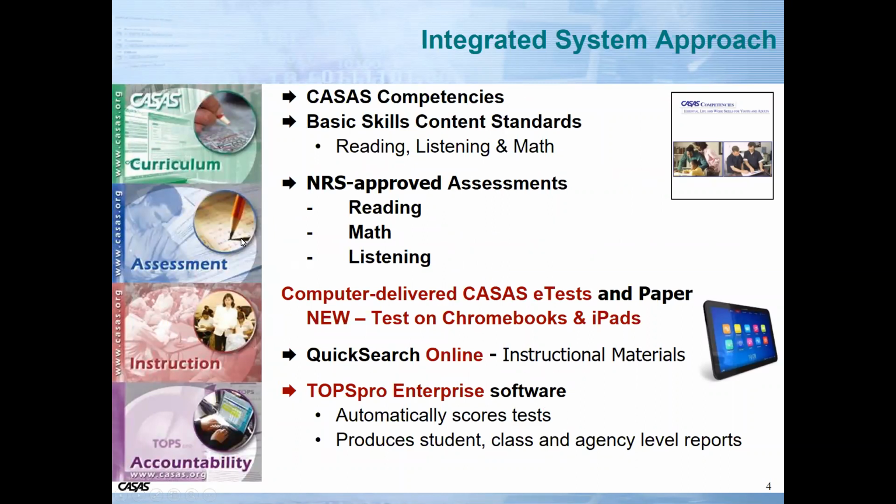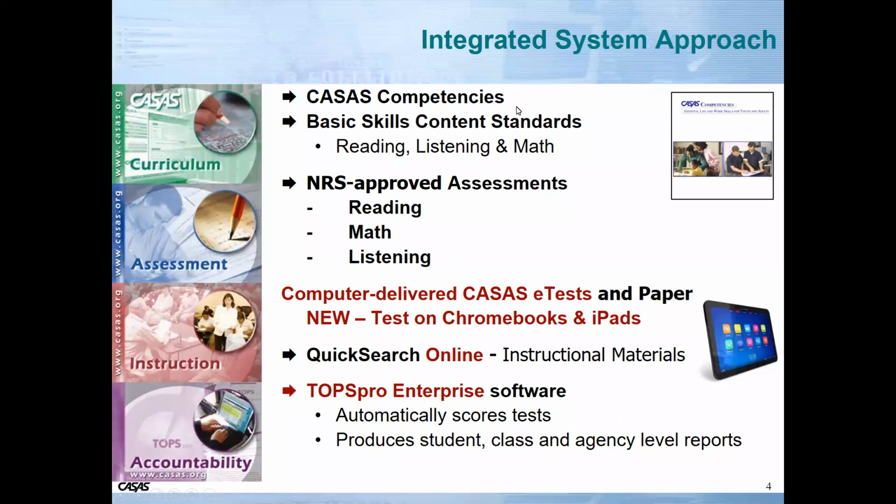This slide shows an overview of the CASAS system on the left, where there are 4 aspects: curriculum, assessment, and instruction. And so we feel it's very important to integrate these 3 areas especially. And then, of course, we're all bound by our accountability requirements, so that's become the 4th aspect. To do this, we have CASAS competencies, which you see on the right, and these are all on our website.